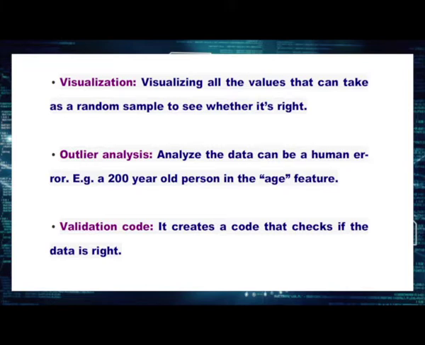Example, a 200-year-old person in the age feature. Validation code. It creates code that checks if the data is right. For instance, for uniqueness, checking if the length of the data is the same as the length of the vector of single values.